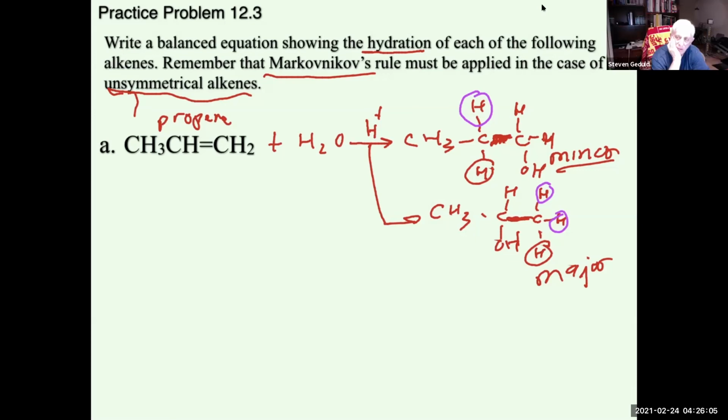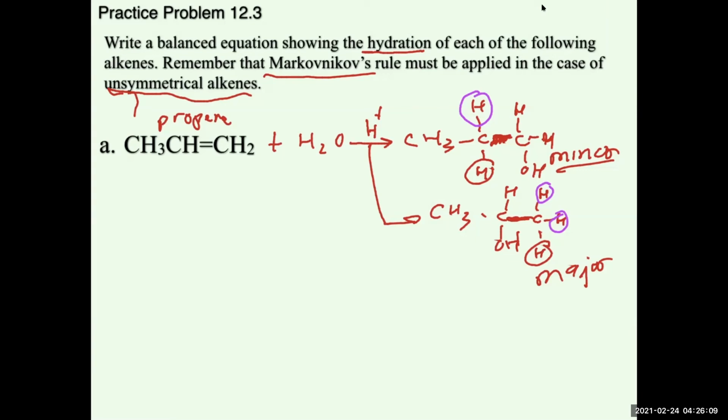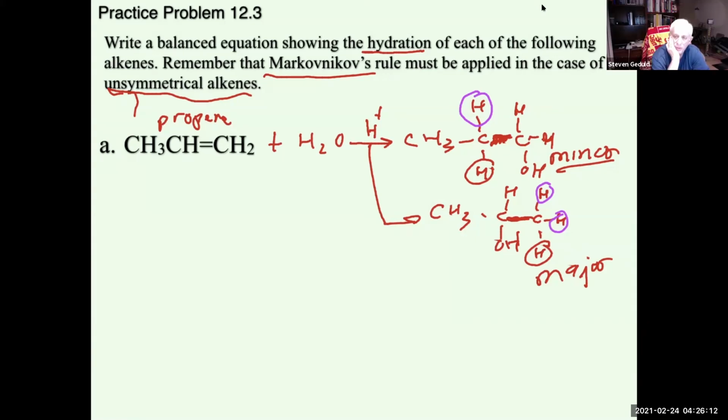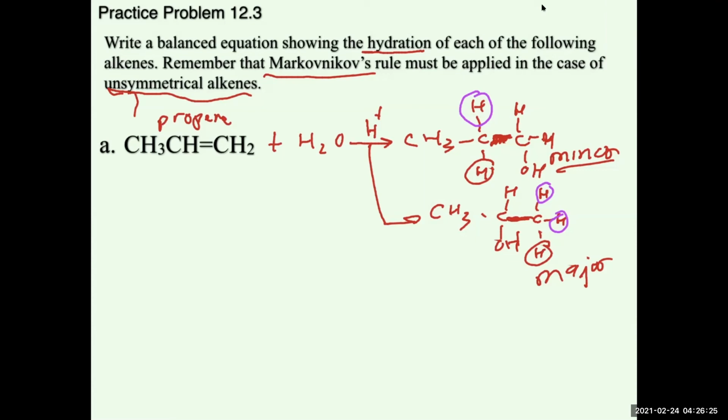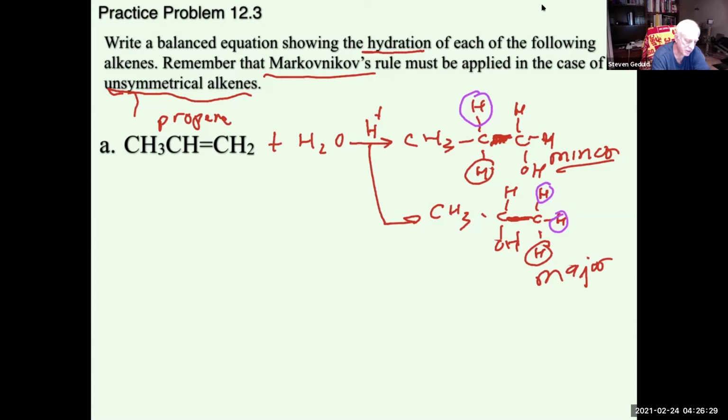Perfect, 1-propanol. What's the name of the major product? 2-propanol. The OH group's on the number 2 position. Now let's get rid of this, and we'll do it a little more clearly here.